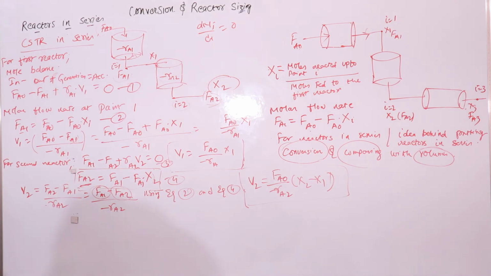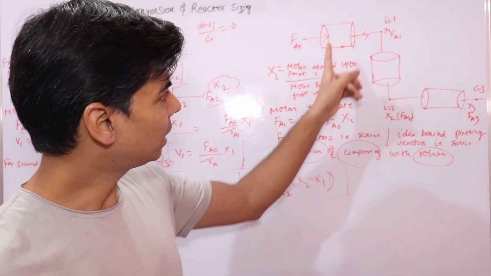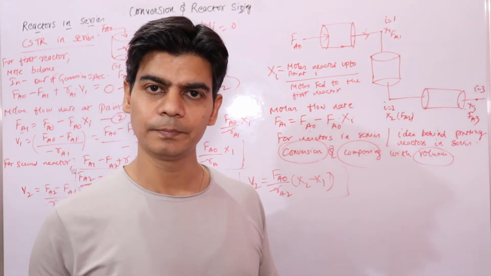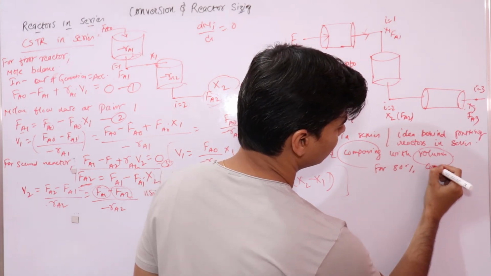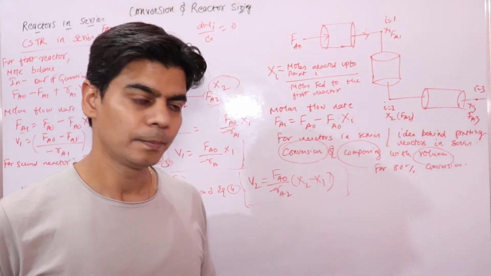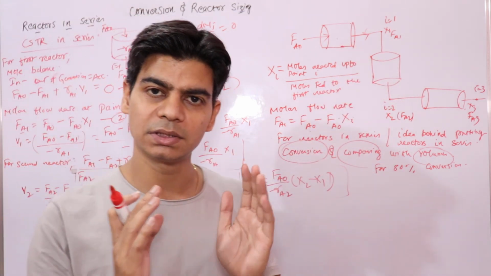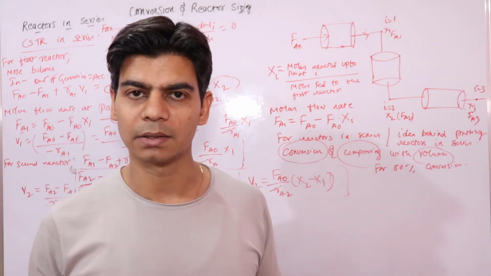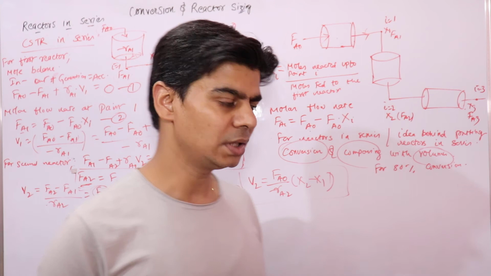So in actual practice, when you combine two reactors in series, or you take one big reactor, say if you want to achieve 80% conversion, the volume required when you use two reactors in series would be less compared to if you use one big reactor, right? There is one numerical on this that we can try.